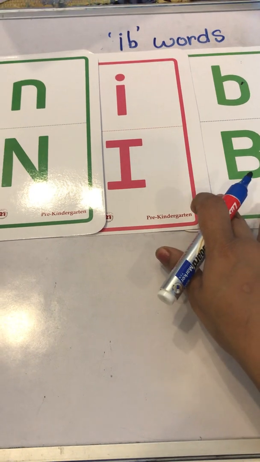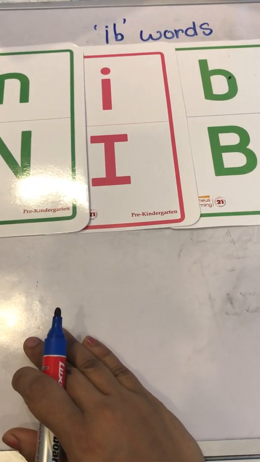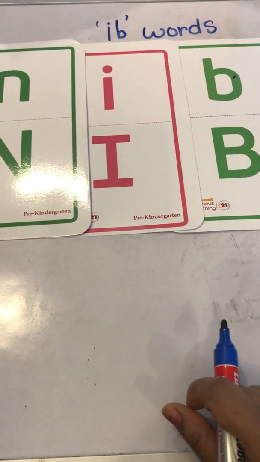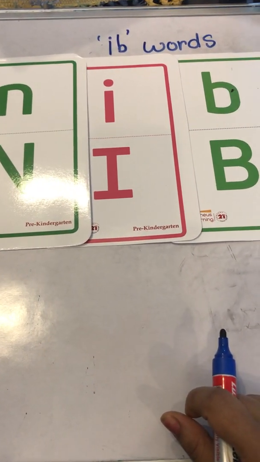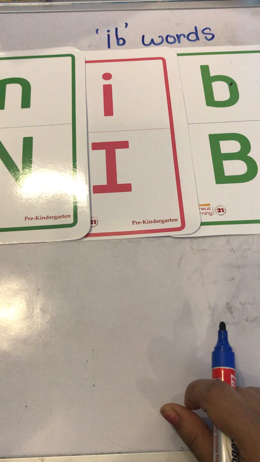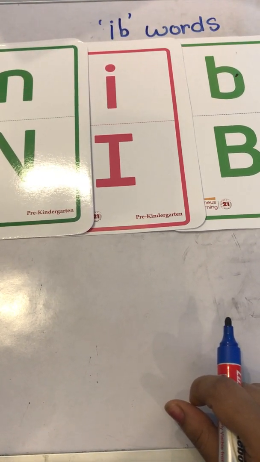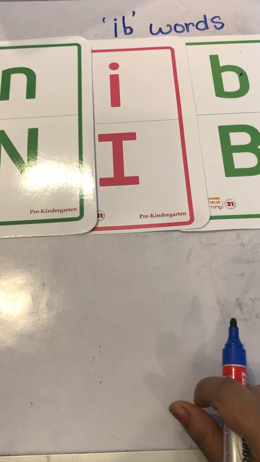So these are three ib words. Now I will tell you what is the meaning of nib. Nib is the pointed end part of the pen.